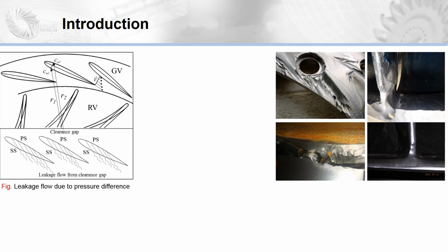The sediment, while entering the clearance gap region, can erode the surface of the clearance gap region, that is the guide vane surface as well as the top cover or the bottom cover, due to the effect of erosive wear, and also the shaft of the guide vane and the runner blade due to abrasive wear.